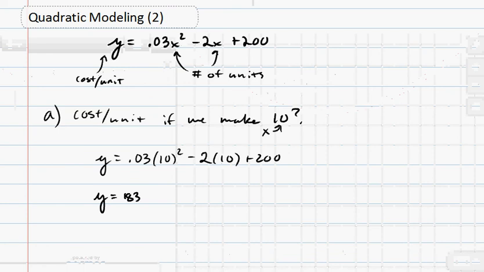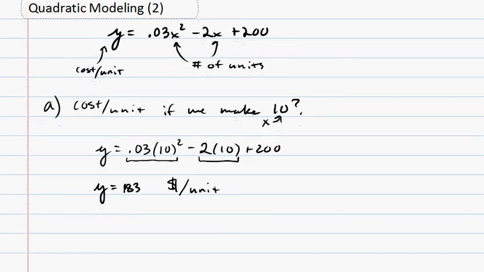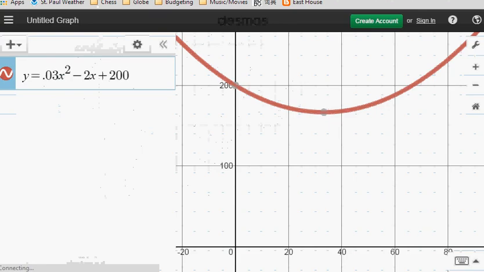Now, because I'm recording this, I'm doing this quickly, and on a test or quiz, you wouldn't be able to just slide over in decimals. You'd work this chunk out first, and then that chunk, and then you would subtract and add, and you should get 183. Maybe this is dollars per unit. Okay. So in economics, this makes sense, or this happens quite a bit.